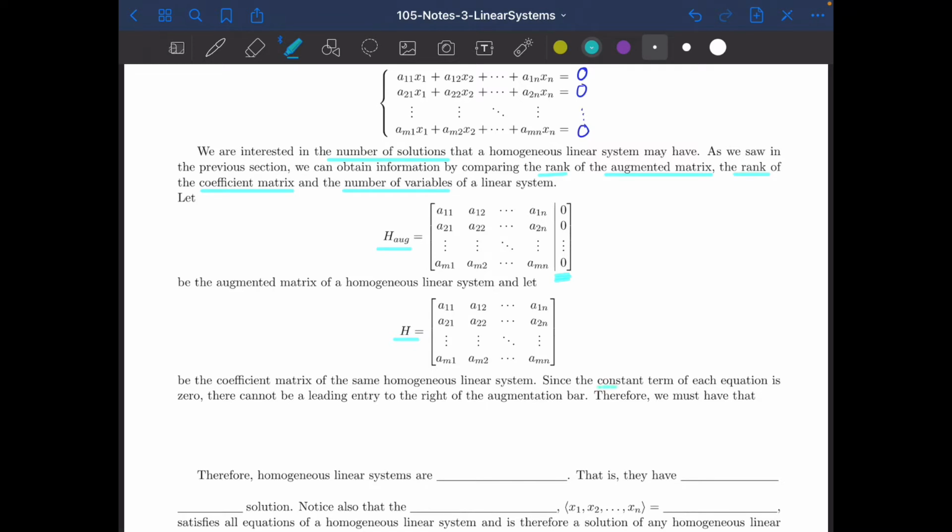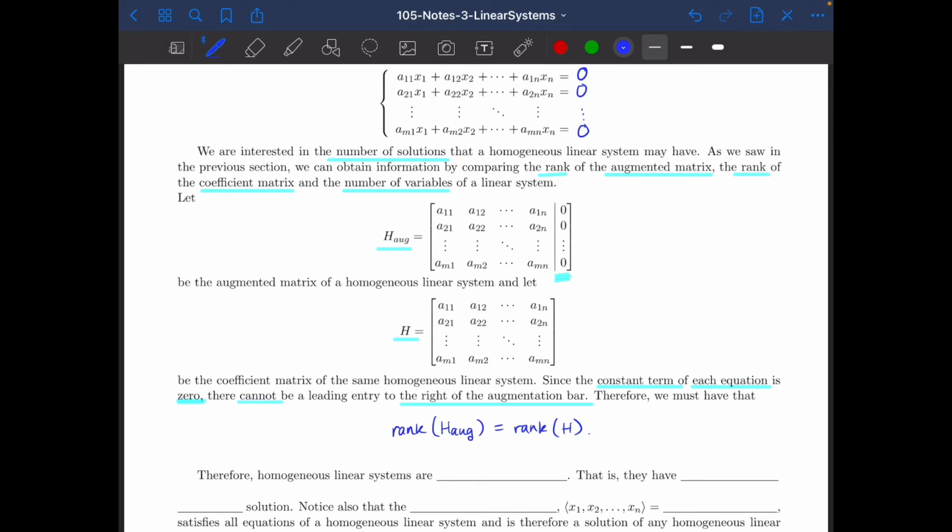Now, since the constant term of each equation is 0, there cannot be a leading entry to the right of the augmentation bar. There's no way to have a leading entry in the column of constants because every single constant term is 0. Therefore, we must have that the rank of the augmented matrix is equal to the rank of the coefficient matrix.